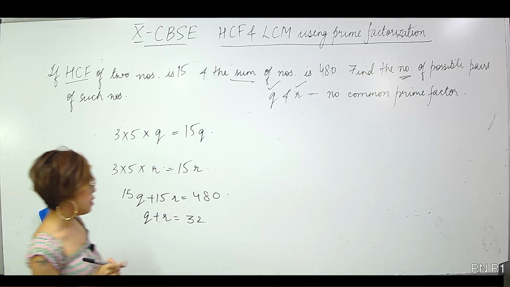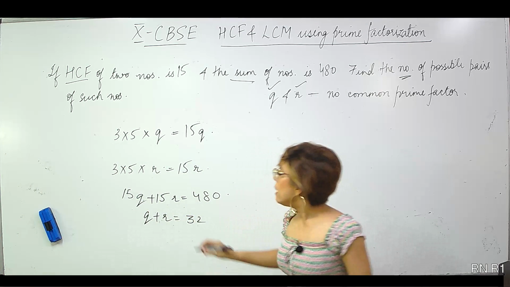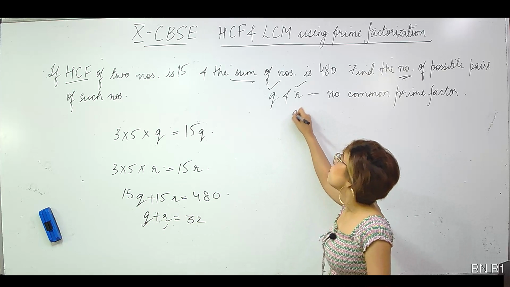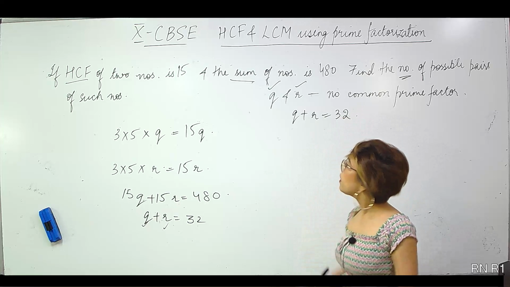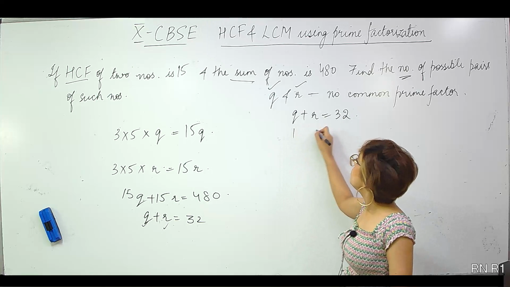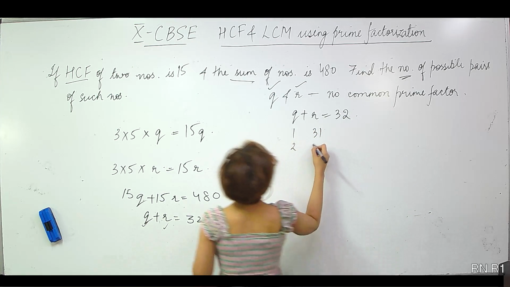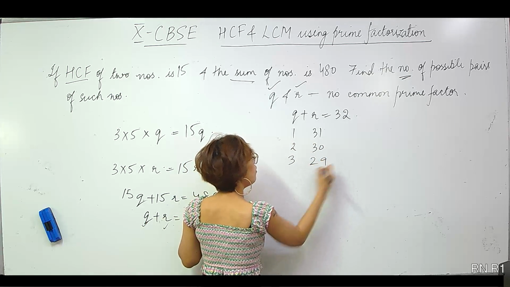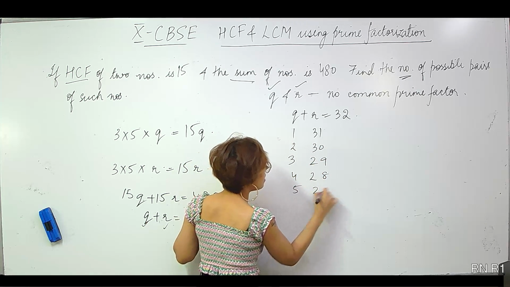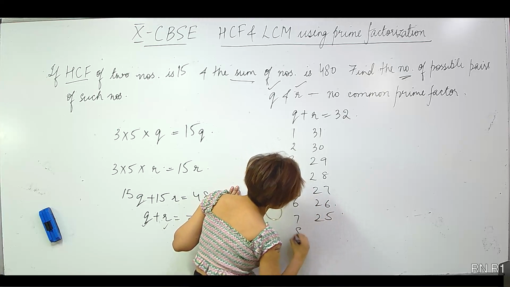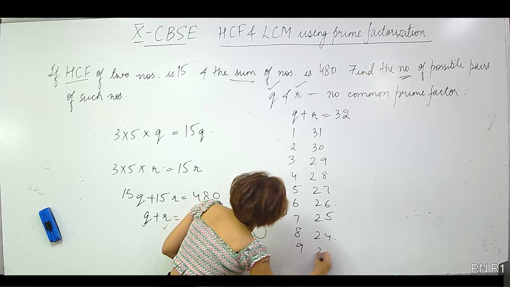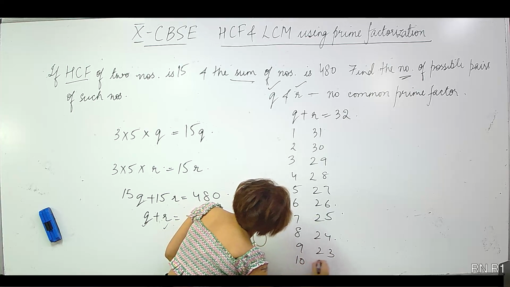Right, 32. Now, mind it, these two are natural numbers, so I can write the solutions very quickly. Q plus R is equal to 32. So, let's see: 1, 31, then 2, 30, 3, 29, 4, 28, 5, 27, 6, 26, 7, 25, 8, 24, 9, 23, 10, 22.